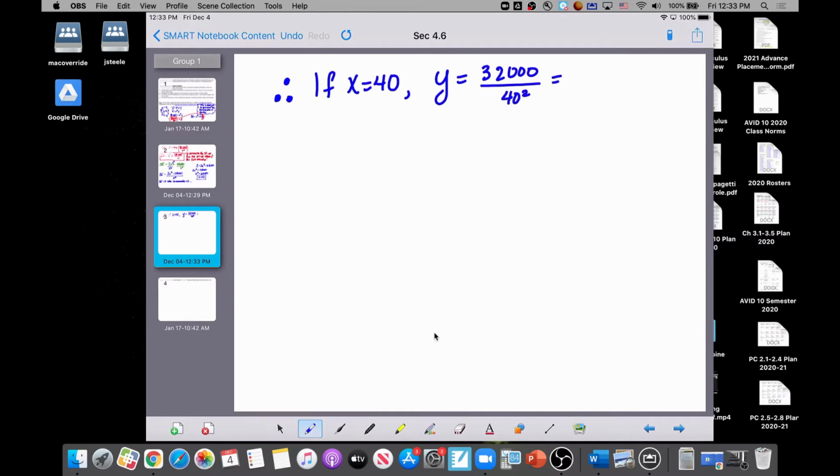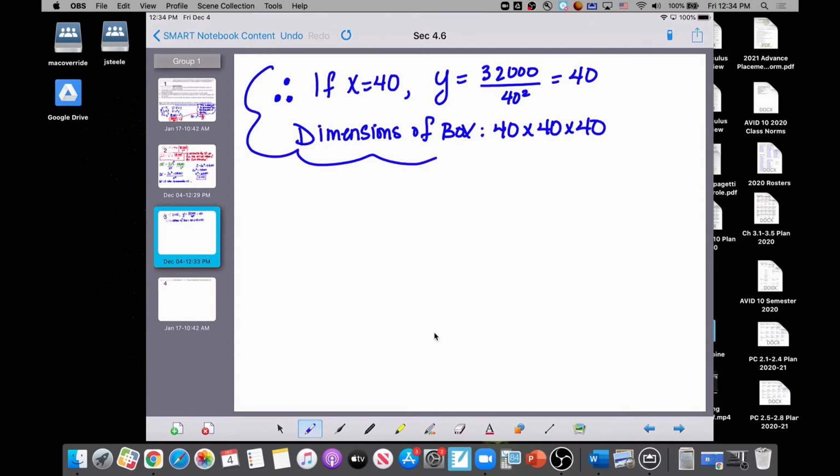When I do the math there, I get a y value of 40. So actually, to minimize the surface area, the best option is to make this box a cube, so that the length, the width, and the height are all the same dimension. And so the dimensions of my box would be 40 by 40 by 40. This is the answer to the problem, okay?